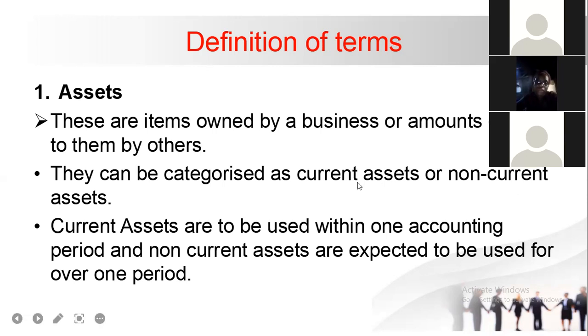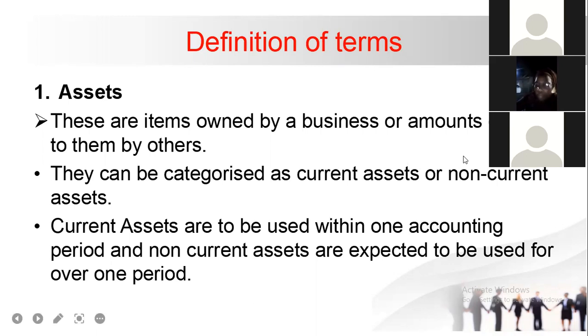For instance, inventory is a current asset in the sense that we expect to use it in the current accounting period. And motor vehicles are non-current assets because we expect to use them for as long as the business remains in existence. So that's the difference between current and non-current assets. It all lies in the period for which we expect to use those assets.